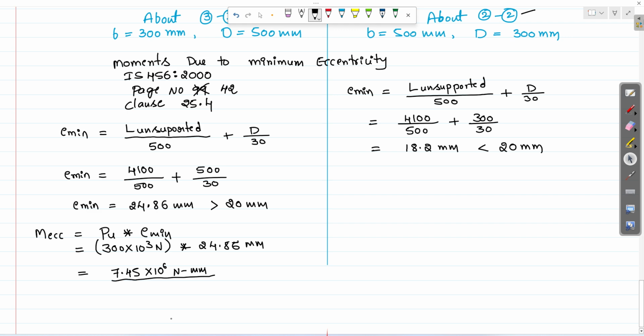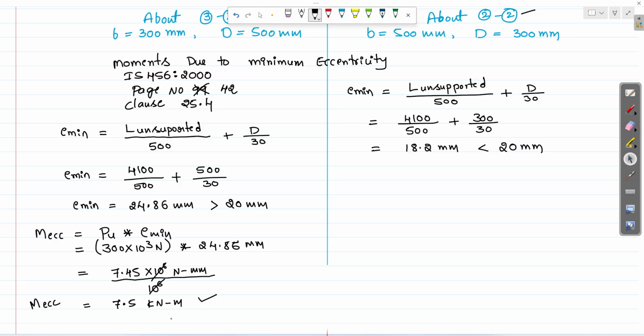So if you divide this by 10 power 6, it will be converted to 7.5 kilonewton meter. So this is your moments due to minimum eccentricity, about 33.